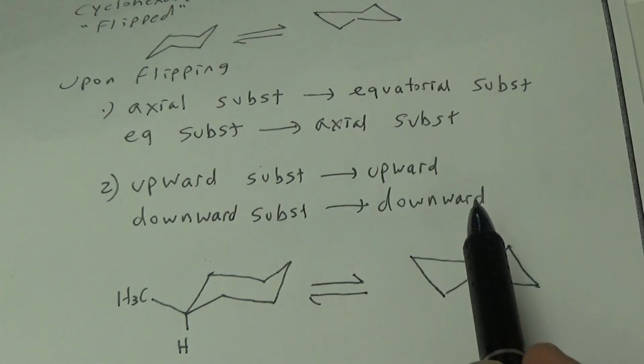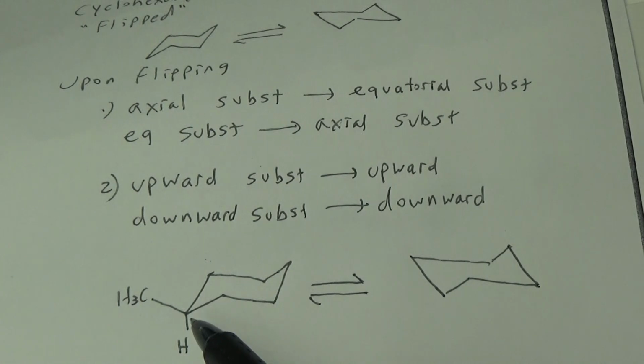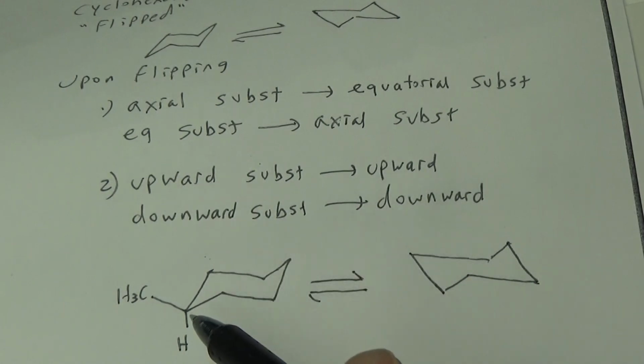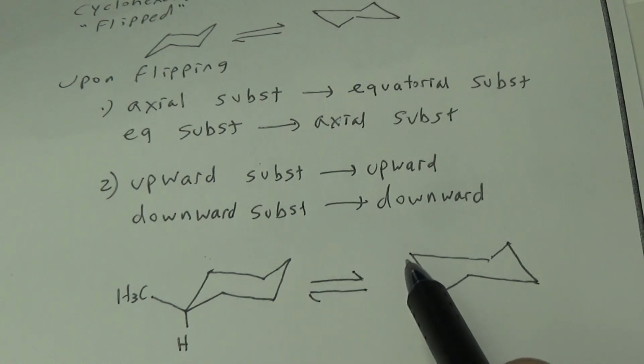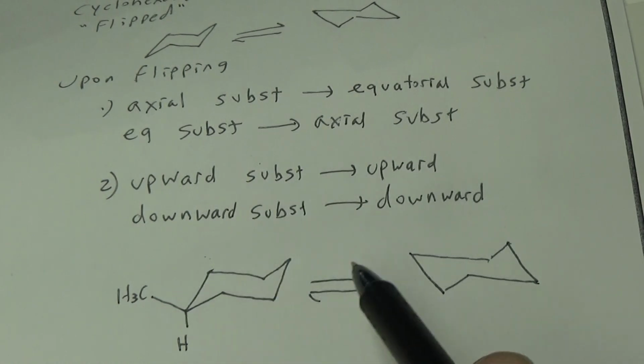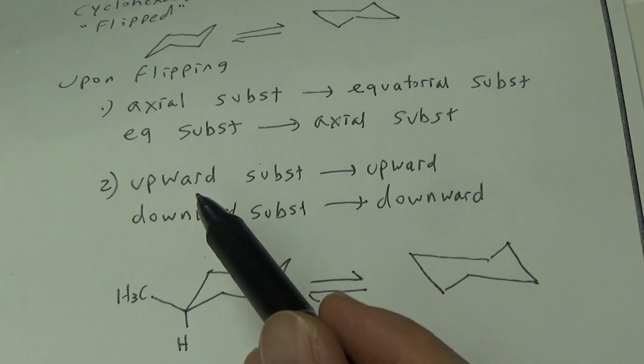Now, this was equatorial. This is up and equatorial, right? And the other rule was upward stays upward, downward stays downward, right? So if this was up and equatorial, here it must be up. That's rule number 2.